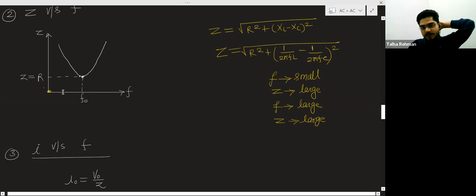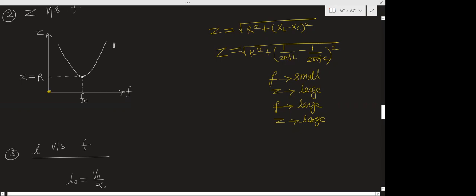When you increase the frequency below f naught, the impedance will decrease. When you increase the frequency after the f naught value, the impedance of the circuit will increase. Here the impedance is decreasing, here the impedance is increasing.